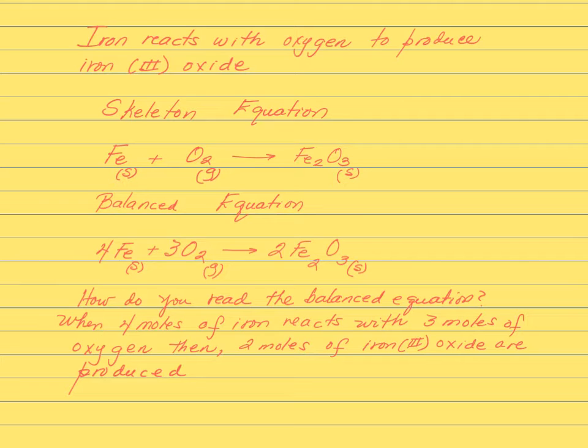So in general, there are substances reacting to produce or form new substances. So how are you going to read this? One more time. If you have 4 moles of iron reacting with 3 moles of oxygen, then 2 moles of iron trioxide will form.